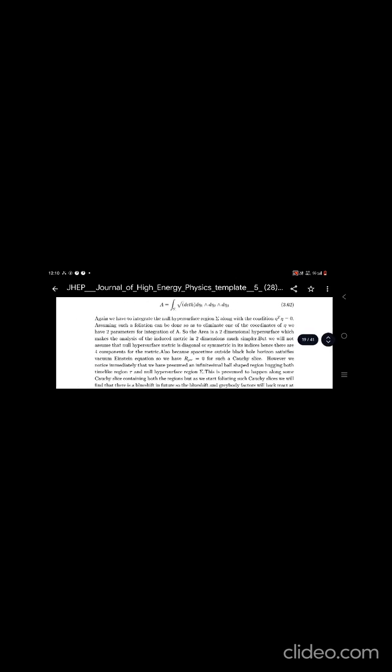The change in the first order approximation is only with reference to the induced metric, root det H. Now if you use this equation, you find that theta prime is this, 3.64, and theta is 3.65.